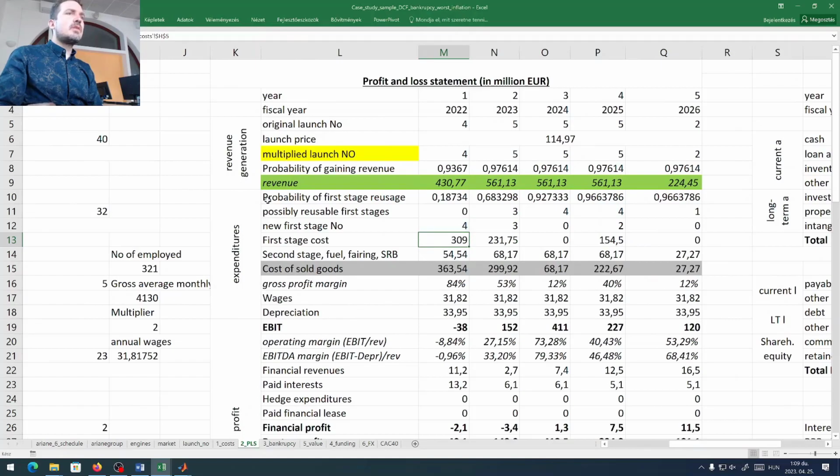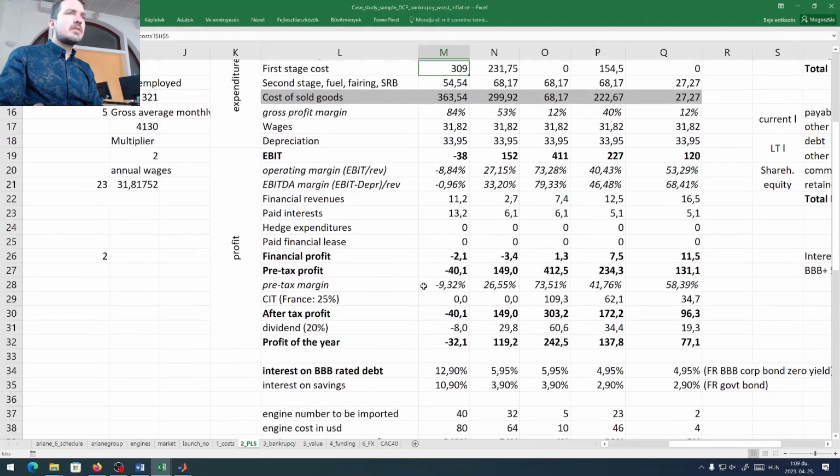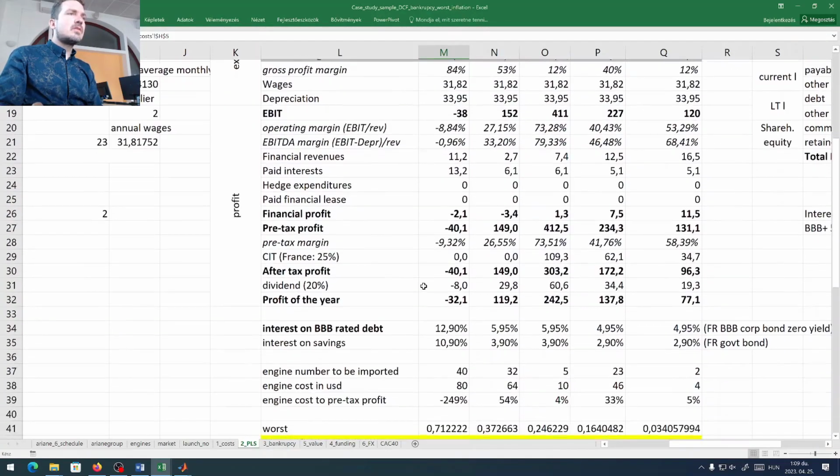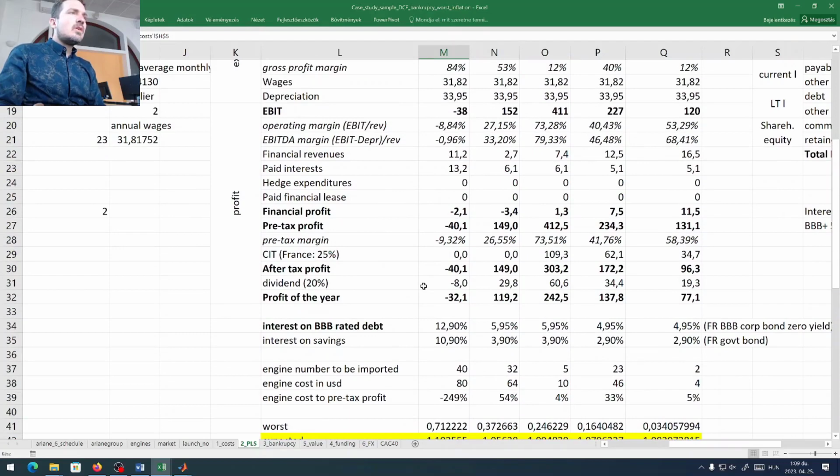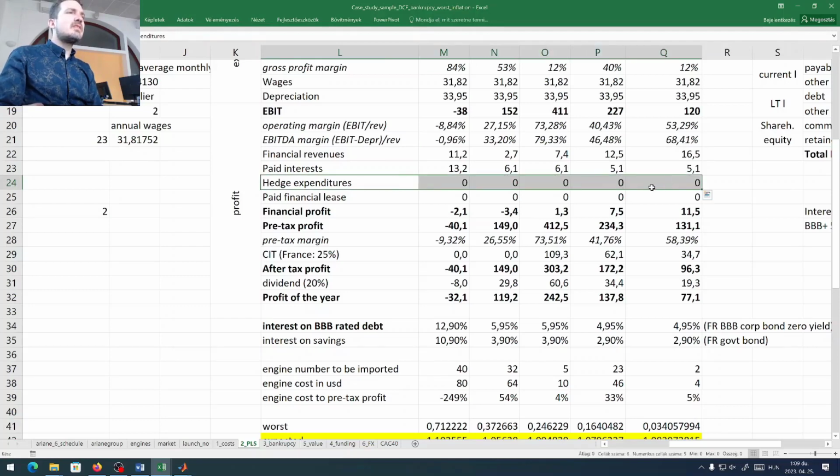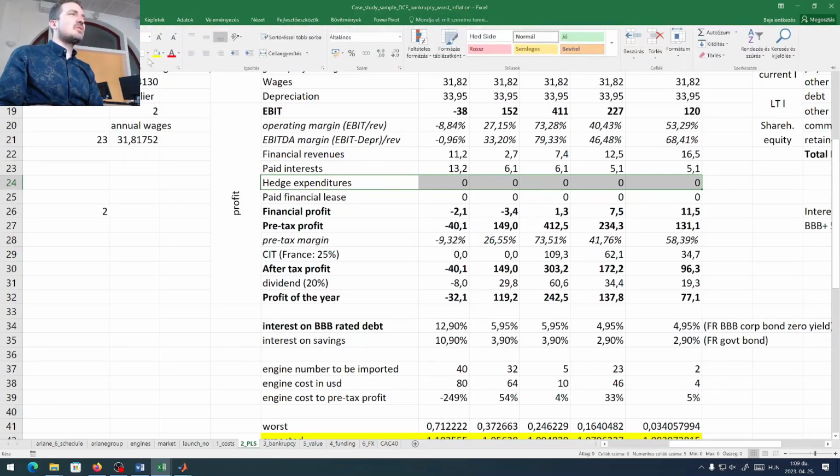Yeah, it's coming from the other side, but it will be not elegant, but I will create these hedge expenditures, or I will use this line here. I don't want to add additional lines into the Excel sheet because it can make things complicated.